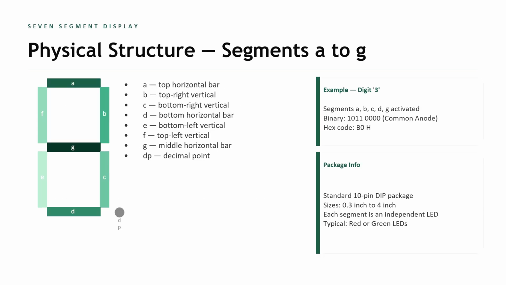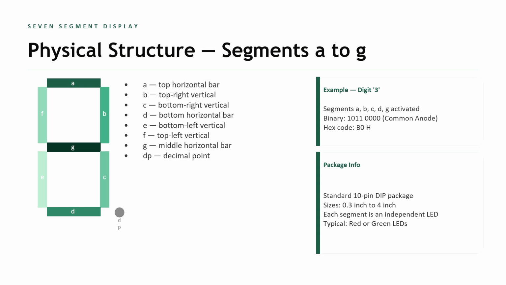Let me now explain the physical structure of the 7-segment display itself. As shown in the diagram on this slide, the display has 7 individual LED segments labeled A through G, plus a decimal point DP. Segment A is the top horizontal bar, segment B is the top right vertical, segment C is the bottom right vertical, segment D is the bottom horizontal bar, segment E is the bottom left vertical, segment F is the top left vertical, and segment G is the middle horizontal bar.